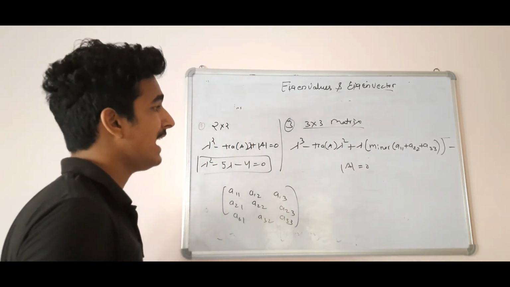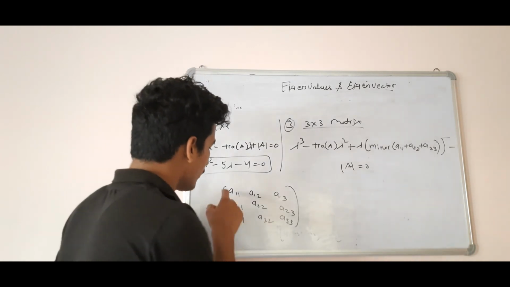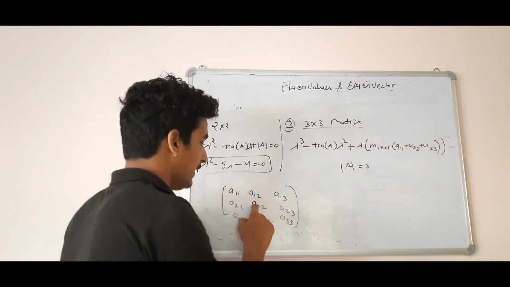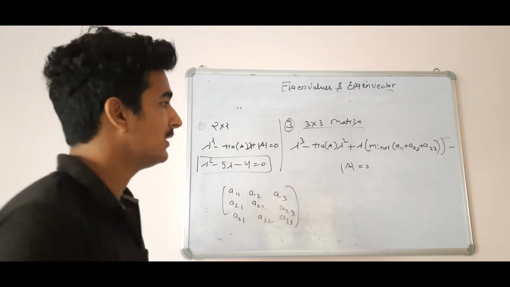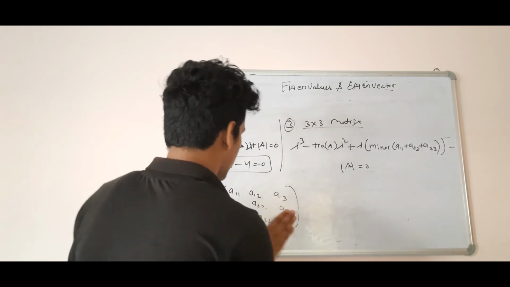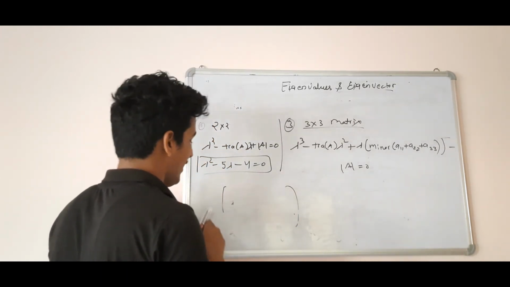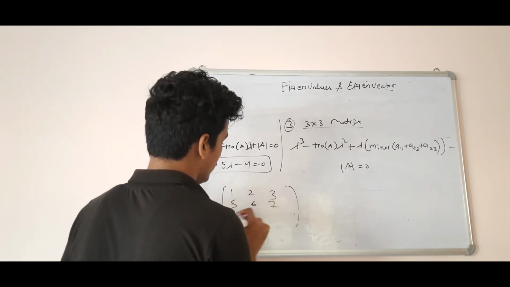We have to find the minors of A11, then A22, then A33, and then add them, and take the power of lambda down to 0. Let me put in some values: 1, 2, 3, 5, 6, 7, 0, 2, 5.